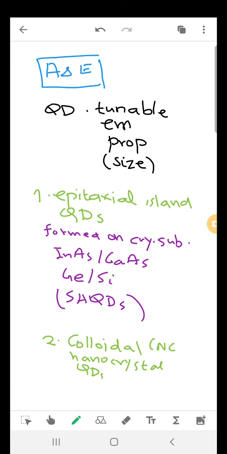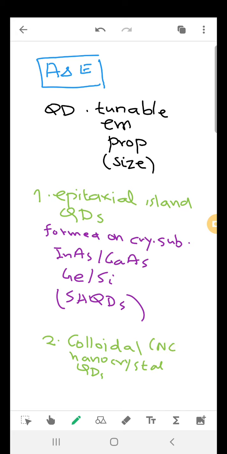Now, in contrast, the colloidal nanocrystal quantum dots have primarily been utilized as improved luminescent labels for biological molecules. So we're talking about NCQDs.